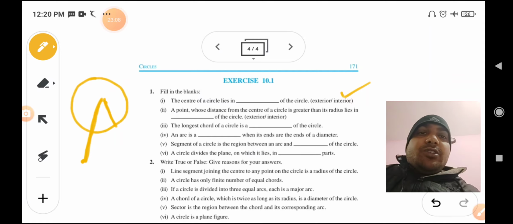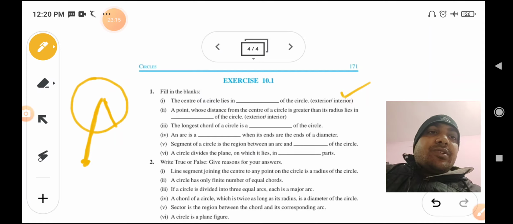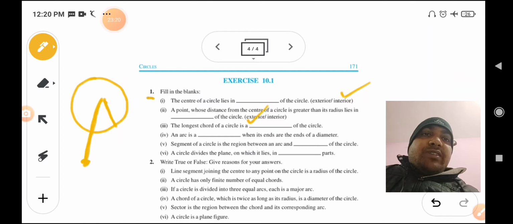Suppose this is a point and this is the radius. This point is farther than the radius, so it lies in the exterior of the circle. So these two points are clear to everyone.